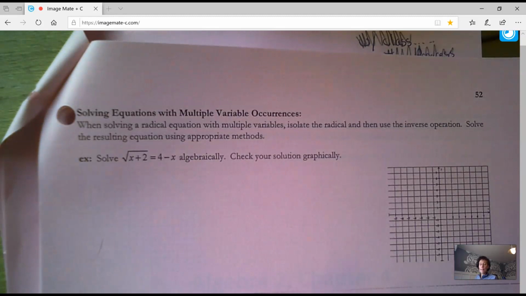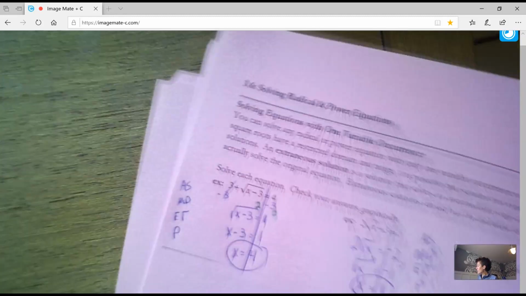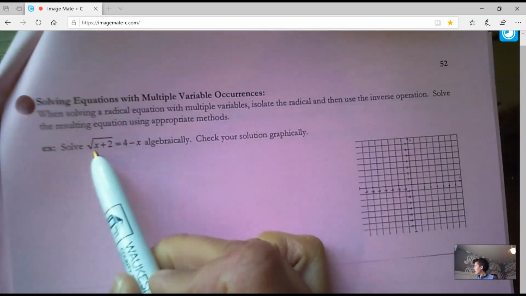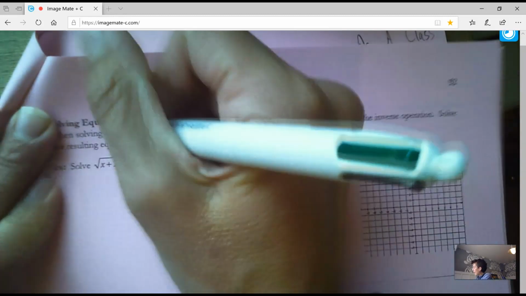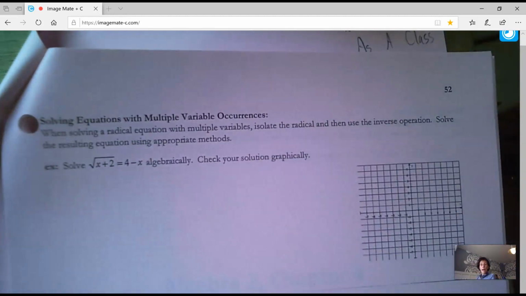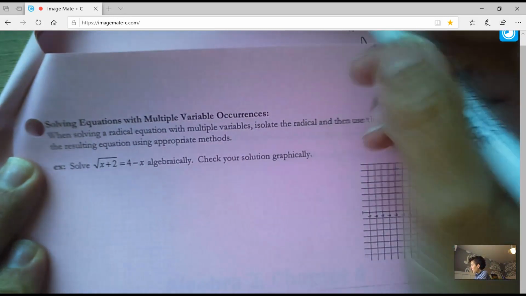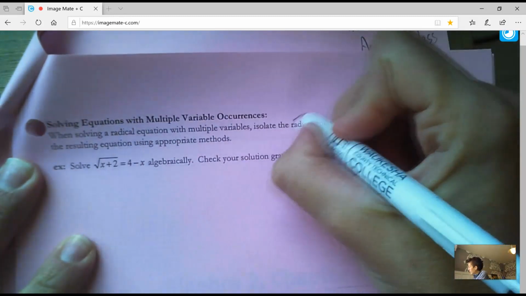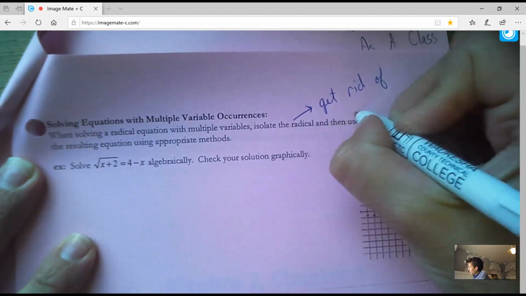What we need to do is somehow get to that square root. So where I talked about doing the order of operations backwards, it's not quite the same here. So what I want to do is I want to get to this x plus 2 so I can start moving stuff around. So I have to undo that radical. So after you isolate the radical, you'll want to then get rid of the radical. So since it's already isolated, the first thing I'm going to do is get rid of it. So isolate the radical and then get rid of the radical.